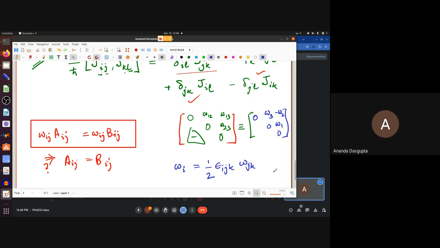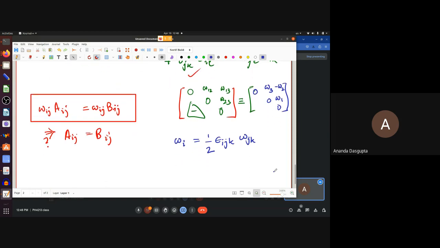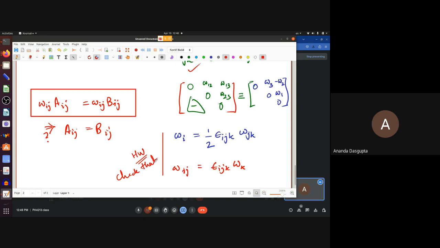So double thing. Okay. And vice versa. Omega ij, that epsilon ijk, omega j. No double counting here, no half. Check using the property of the epsilon symbol that these are consistent.